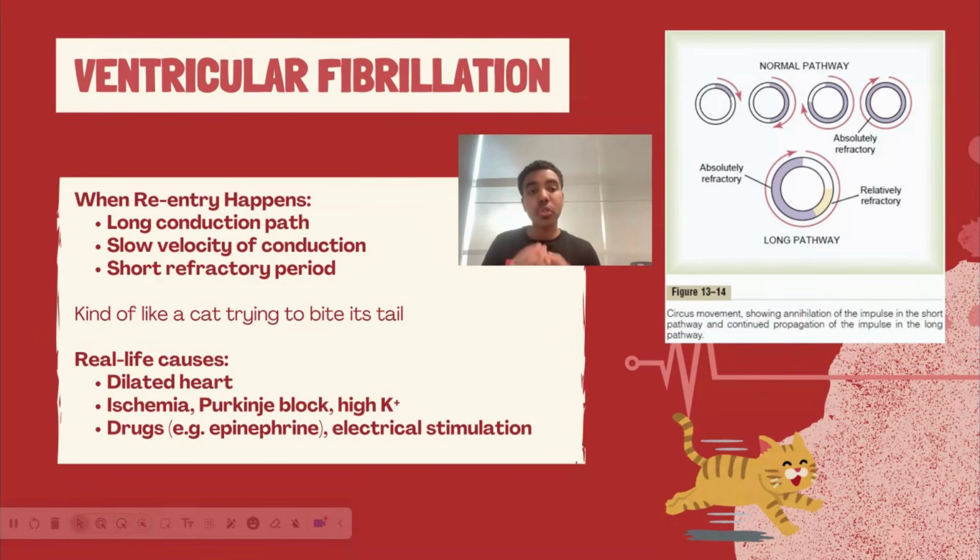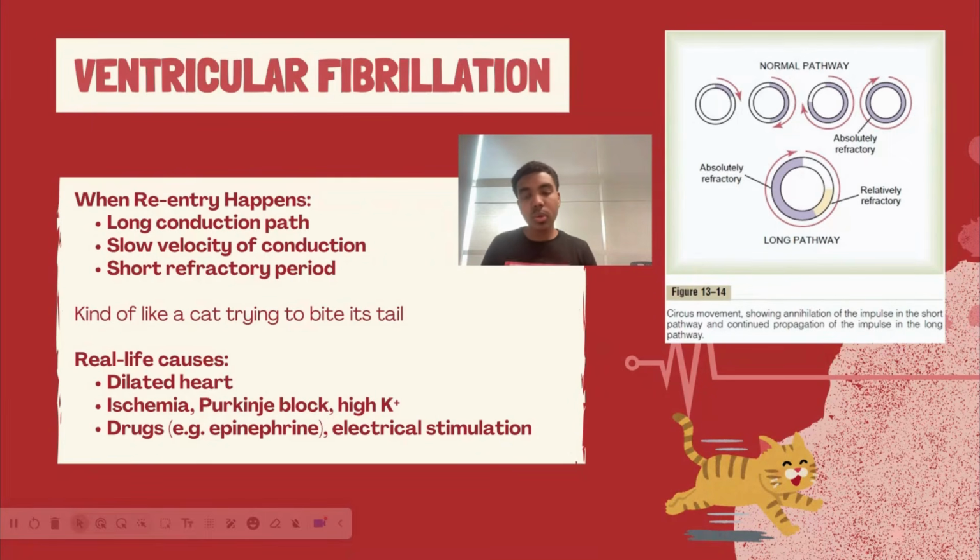We also have a short refractory period, and this happens when you have a long pathway. When you have a long pathway, you're going to have a shorter refractory period. Kind of like a cat trying to bite its tail, running around itself in a circle and trying to bite its tail. That is basically what re-entry is.